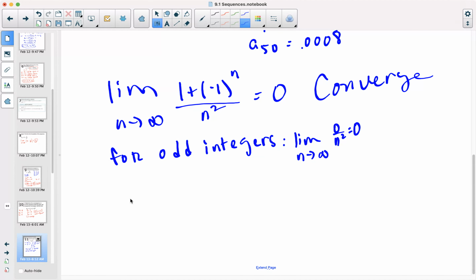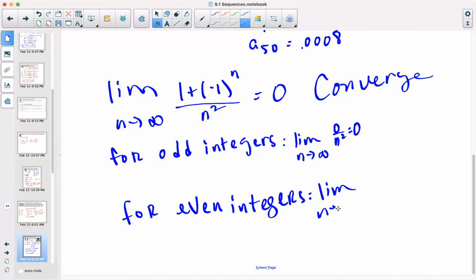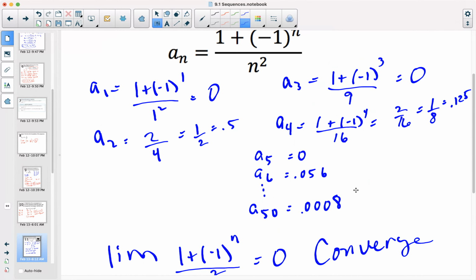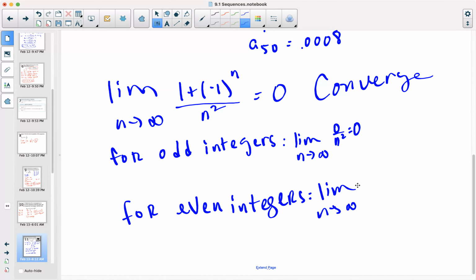For even integers, notice, it's always going to be 2 over n squared, which is also 0.